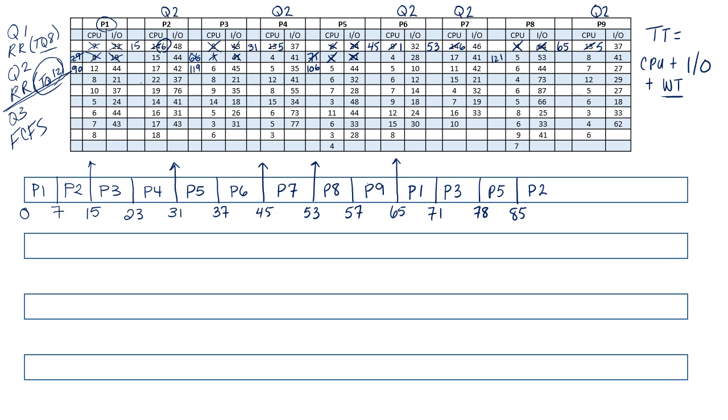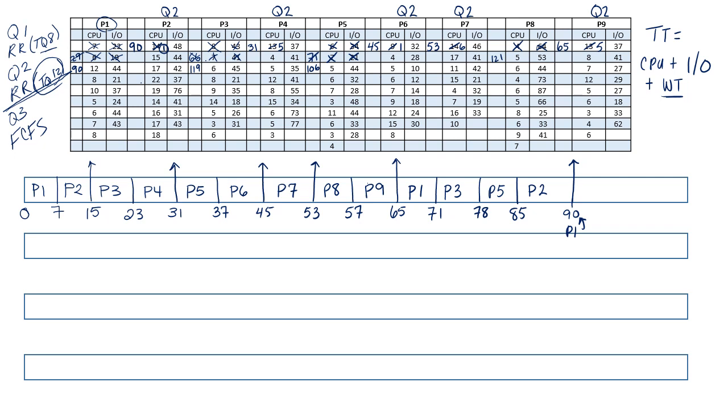But if you look here, at time 90 P1 is going to arrive back into the ready queue, and P1 has a higher priority than Q2, so we're going to be using preemptive priority to kick P2 off at time 90. It's going to go back directly to the ready queue at time 90, and it's still going to have one more time unit of CPU burst left.